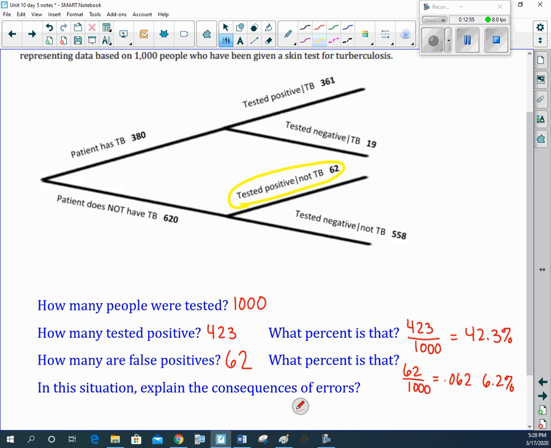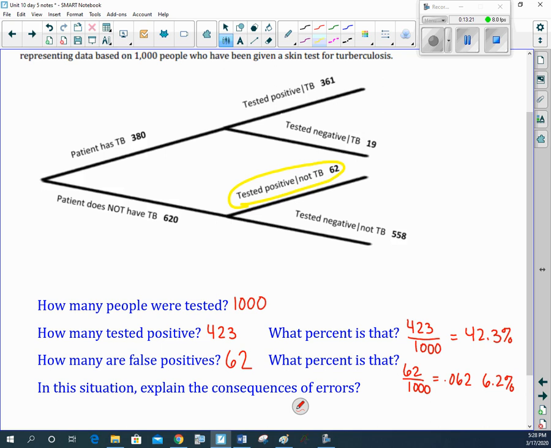Okay, in this situation, explain the consequence of the errors. Name one more observation that you've noticed. So there's lots of things you could put here. If testing positive when you don't have TB, that could be bad if you went ahead and did a treatment that you didn't need. So typically, if you're having some kind of medical testing done, you usually always get a second opinion.